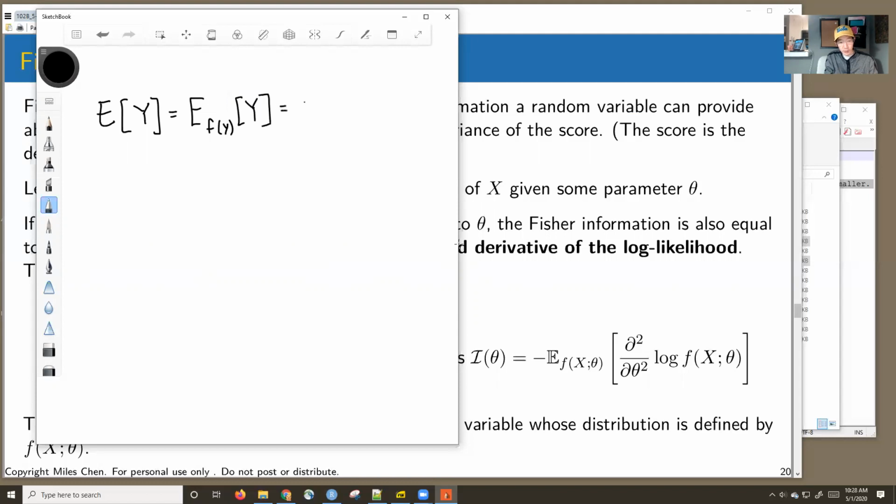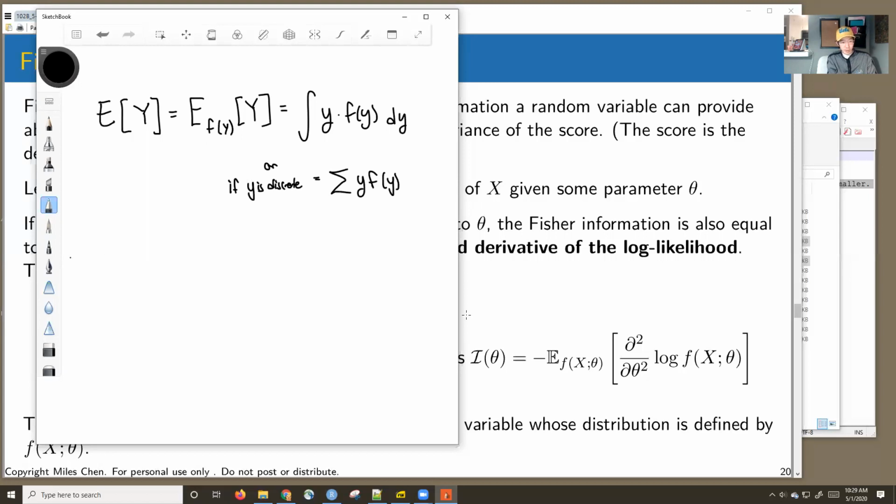This is going to be the integral of each value of y multiplied by f of y dy over basically the entire domain of y, right? So that's going to be the expected value, or if y is discrete, you've got the sum of each value of y times f of y, okay?